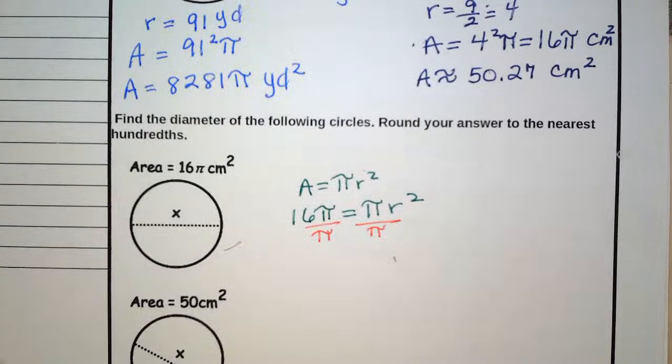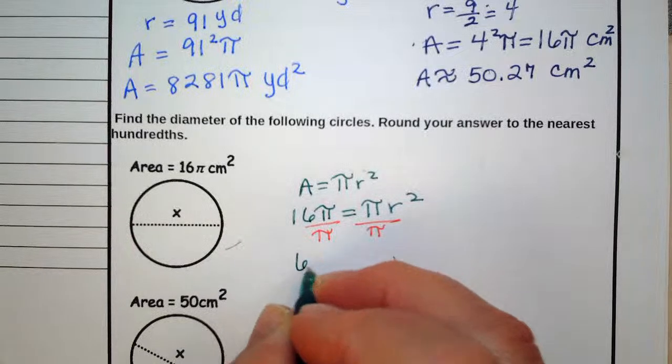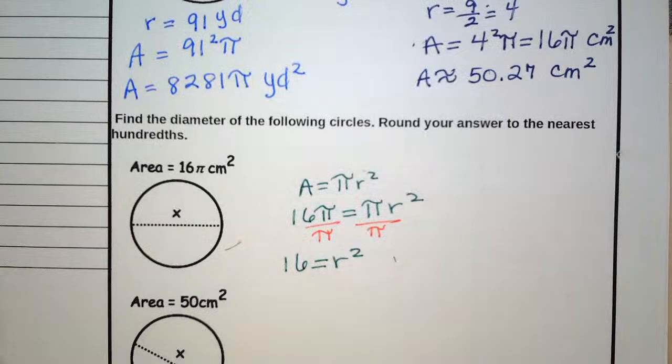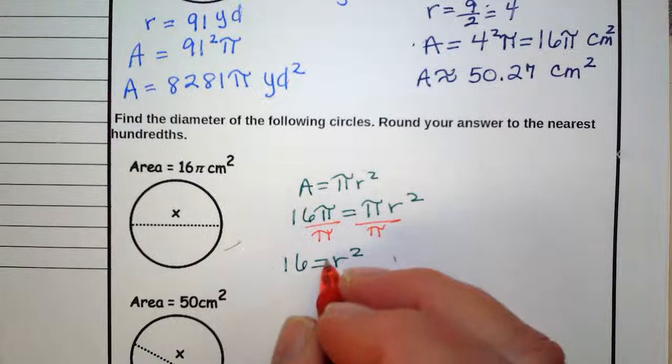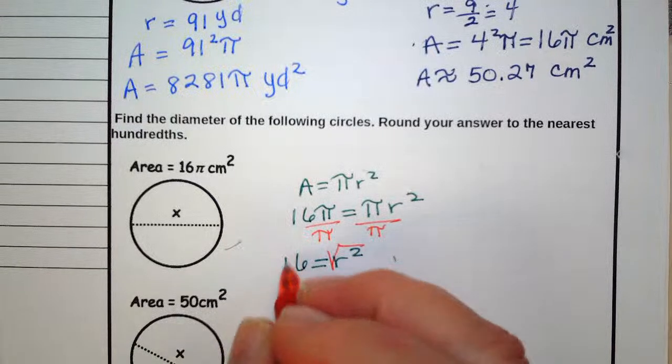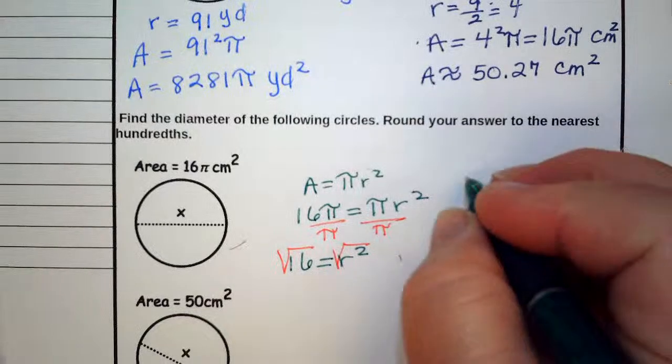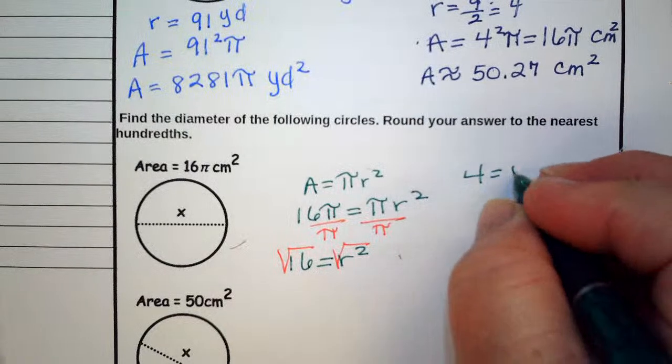And I get 16 is equal to r squared. Last step is to square root. And 4 is equal to my radius.